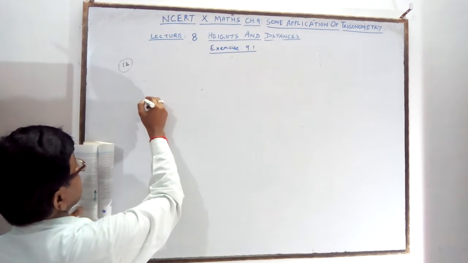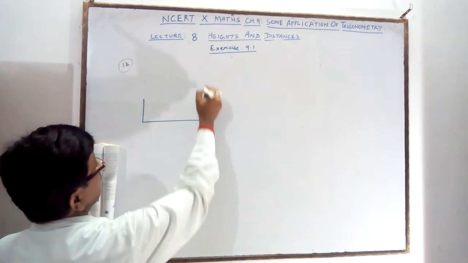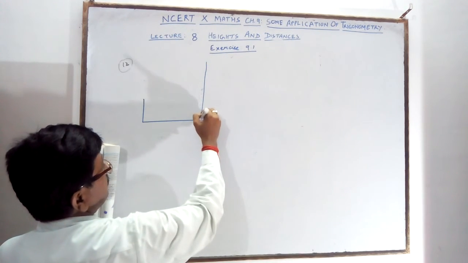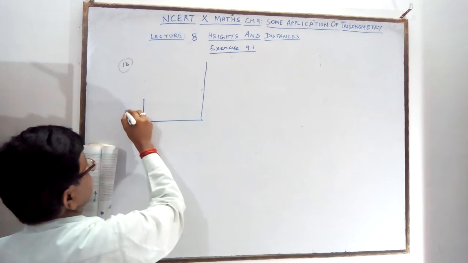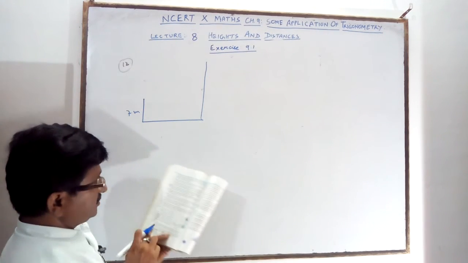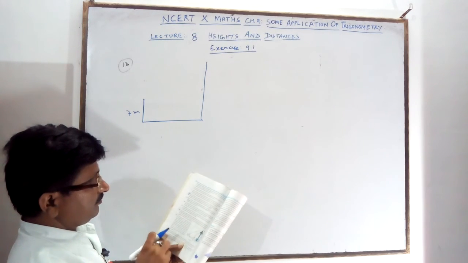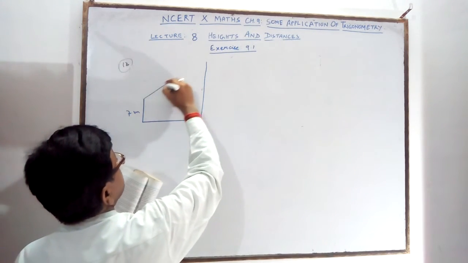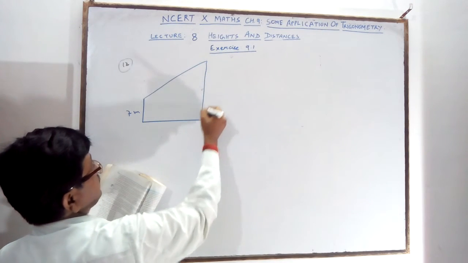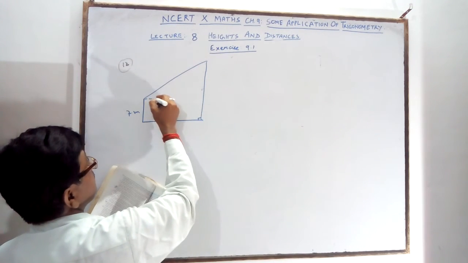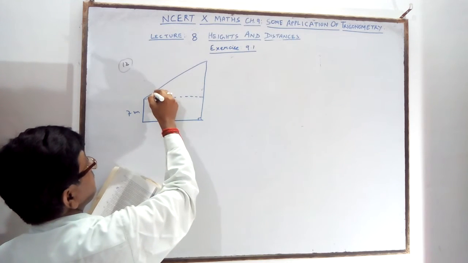It is given 7 meter high building. The angle of elevation of top of a cable tower is 60 degree. It is a tower, so this is given 60 degree.